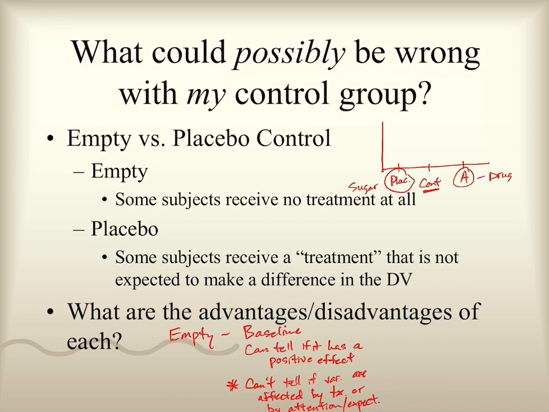So it may be that people who get a sugar pill up here expect that pill to work. And so they actually get happier. Turns out there's actually a pretty robust effect for placebo pills.